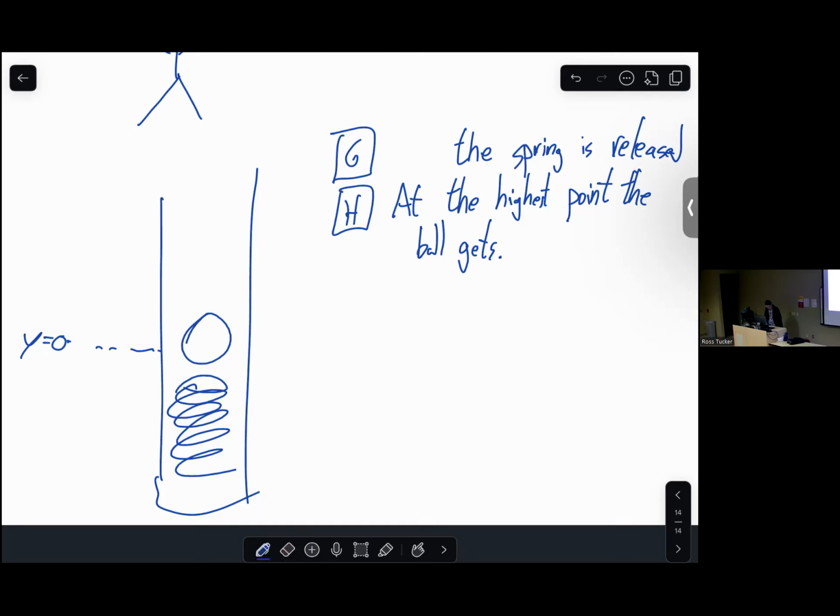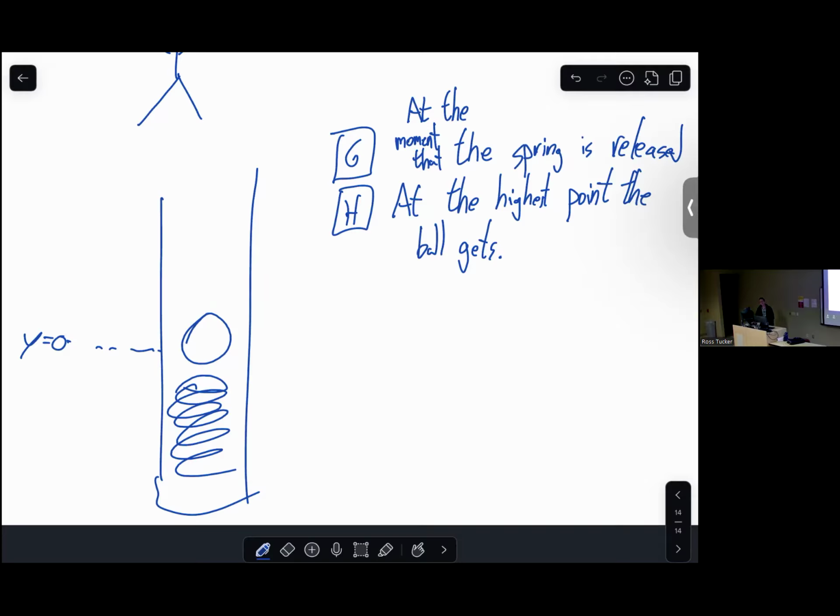At the instant. Again, I'm going to define spring potential energy happens when a spring is extended or compressed.